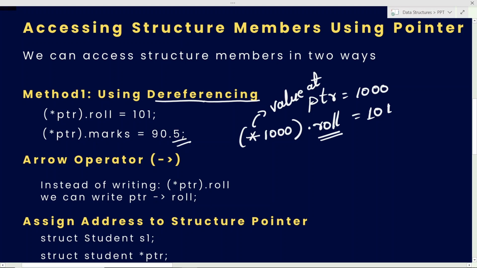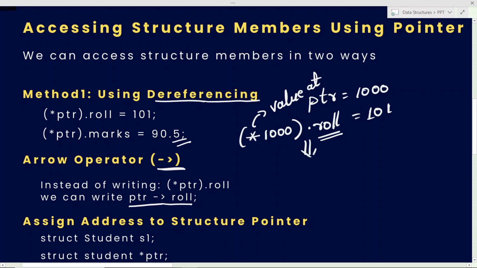Alright. Now there is one more method. If I want to access structure members using a pointer, the second method is the arrow operator. Instead of writing star ptr dot roll number, we can simply write ptr arrow operator roll. It is the same as writing the above one. This is the shortcut.